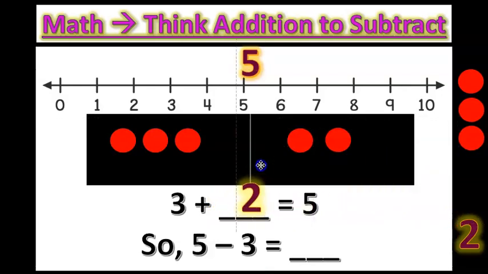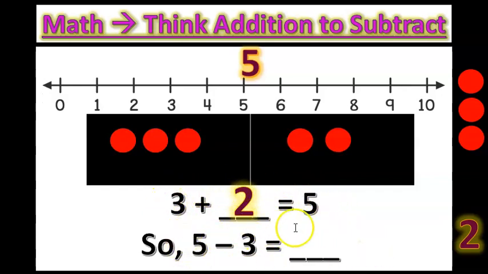So let's get 2 and let's insert 2 into our addition equation. Now this is complete. It reads 3 plus 2 equals 5. Let's read it together. Here we go. 3 plus 2 equals 5. Now our addition equation is complete.